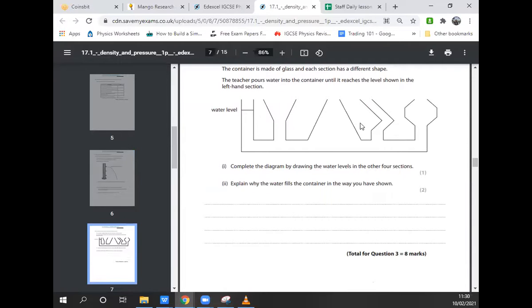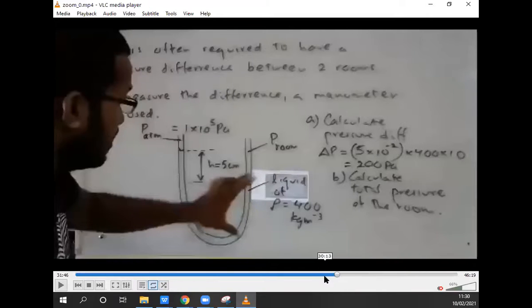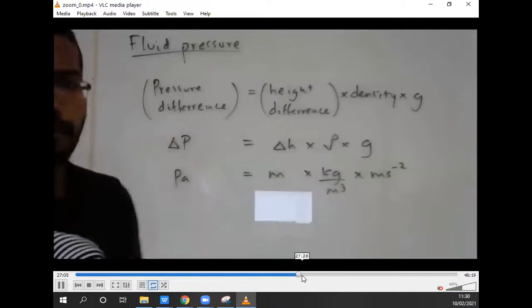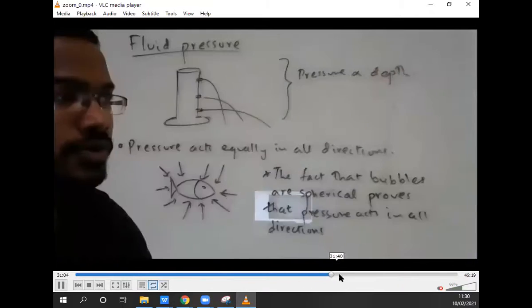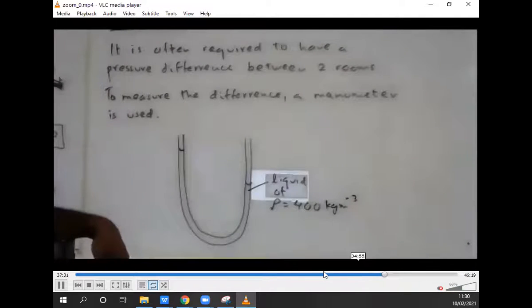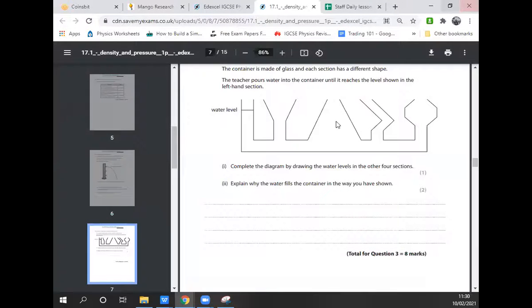Then again you have this. Did we write anything about this? I think so, but wait, I don't exactly remember. So we didn't. You did, no? Equal in all directions, independent of container shape. Yeah.